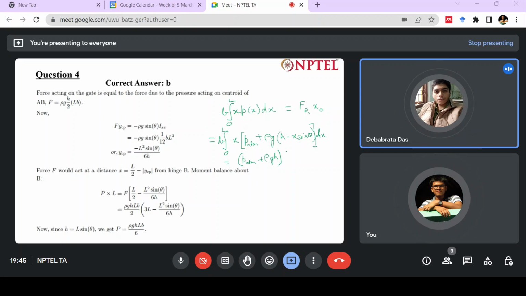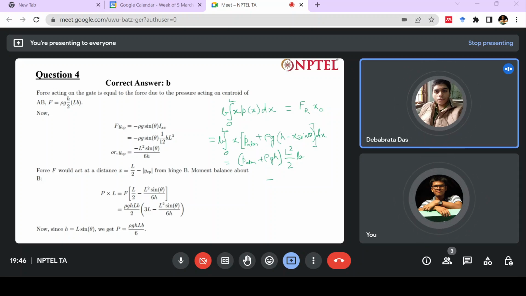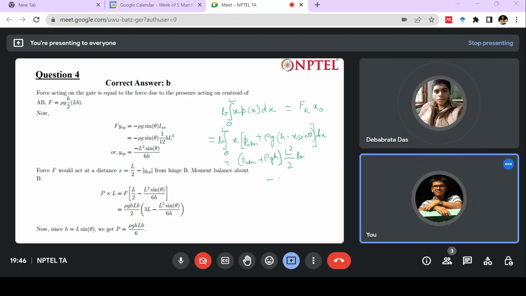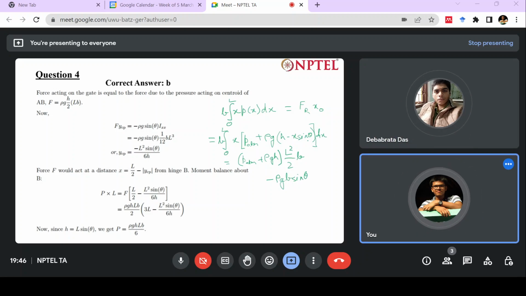Since this is x, this will be L square by 2 into B, and minus this is an x square term, so x into x. So rho g and B is there, and sine theta obviously is there, and there will be an x square dx. x square dx will be L cube by 3, right?